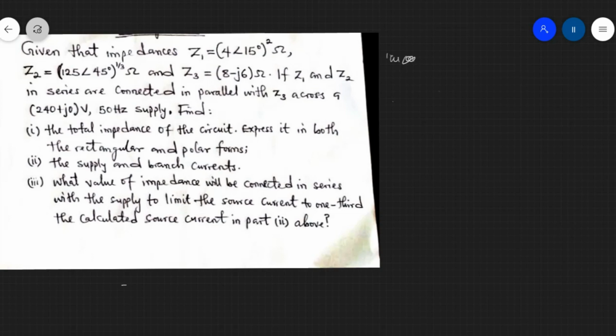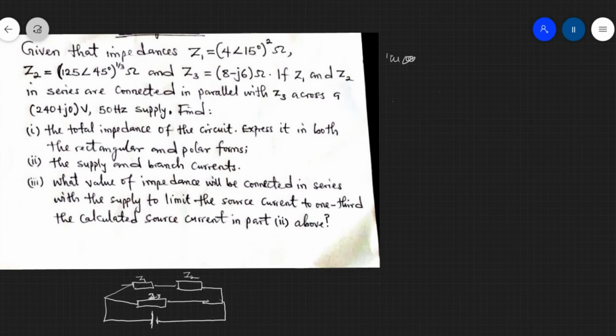So I can have something like this, Z1, and Z2, in parallel with Z3. So you have something like this. Now, when you say parallel, of course, you know what that means. It's side by side. So this is it. All right. But how do we deal with this system?